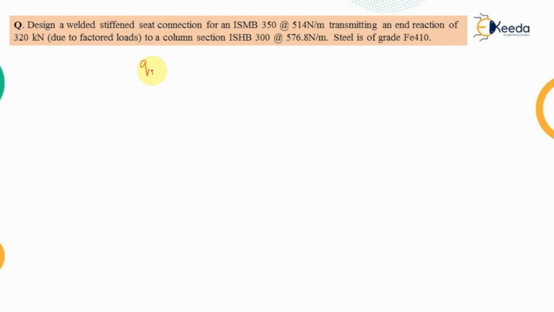Therefore this QR is to be equated to the weld capacity, and that is given by K times S times the capacity, Fu by root 3 divided by the partial factor of safety for the welding. This K is a constant that depends upon the angle between the different members that are to be welded together. Now this K is to be taken as equal to 0.7 for 90 degree welding.